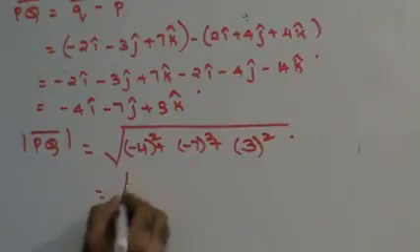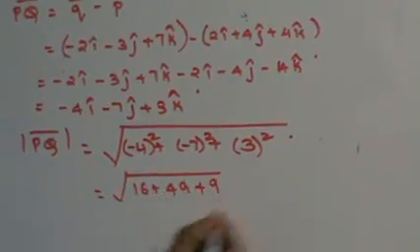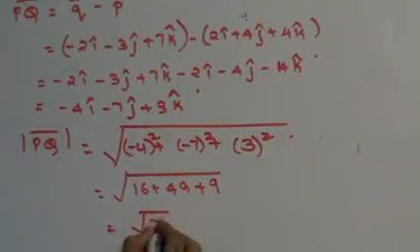Right? Minus 4 square is 16, 7 square is 49 and 3 square is 9. 16 plus 49 is 65, plus 9 is 74. Root of 74. So the magnitude of PQ vector is going to be root 74 units. Right? Take down the next one, please.